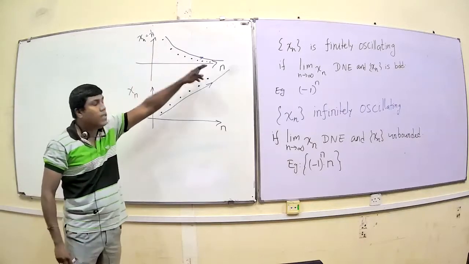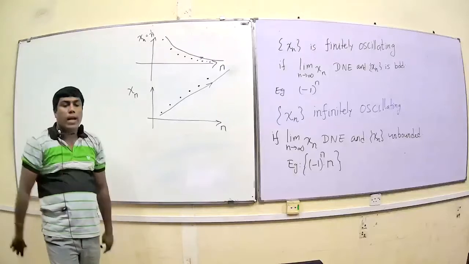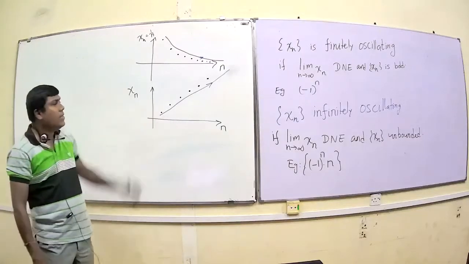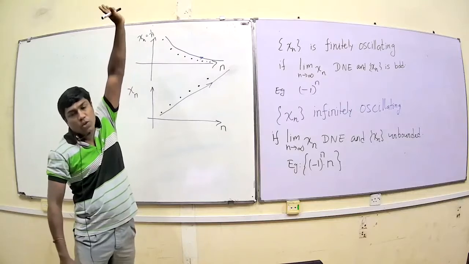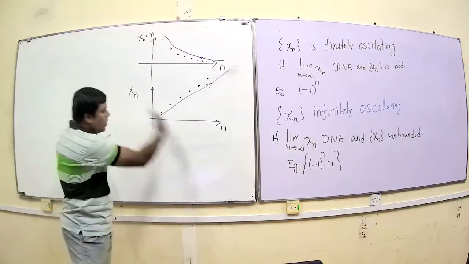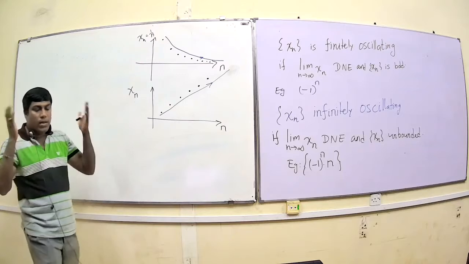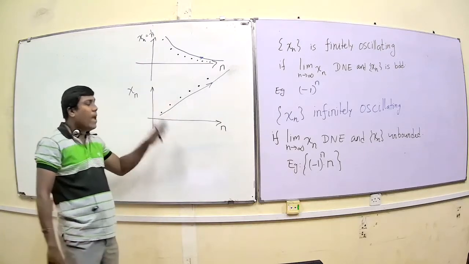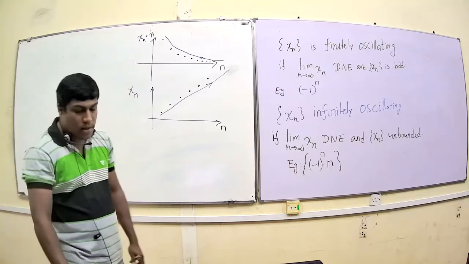Whereas the first is a converging sequence, coming towards a number. This is called a diverging sequence because it is going away towards plus infinity, or going down all the way to minus infinity. So this is how graphically you can see the converging and diverging sequence.